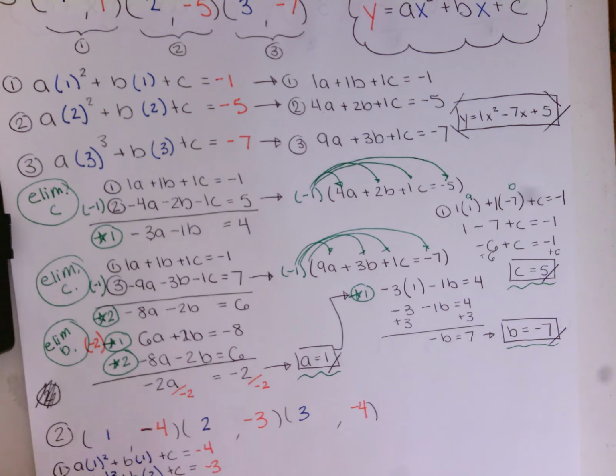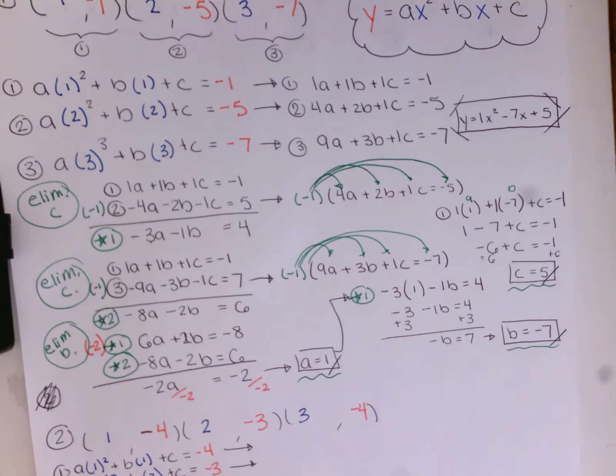And lastly, ax plus bx, and these are squared, I haven't been saying that, plus c equals -4. Okay, so I still need to square that quadratic coefficient here.